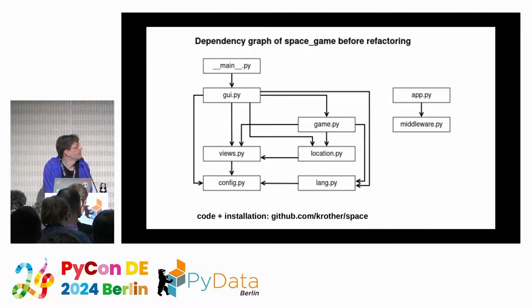We have two modules here, the GUI and the views.py, that do the graphical interface. And then we have at least two modules, the game and the location, that handle the actual things that happen in the game. And they are somehow all interconnected.